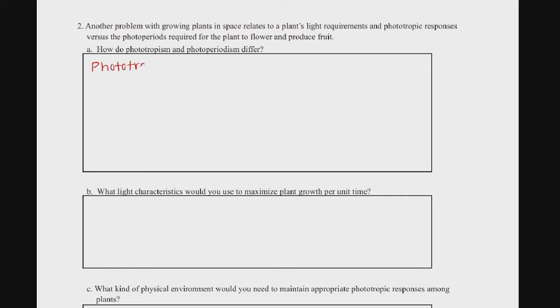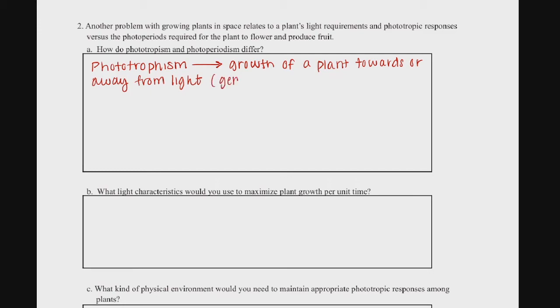So, phototropism. It's the growth of a plant towards or away from light. And so we're saying generally shoots grow towards the light.